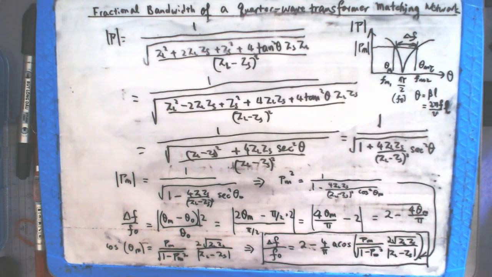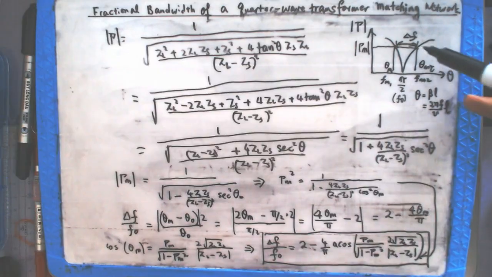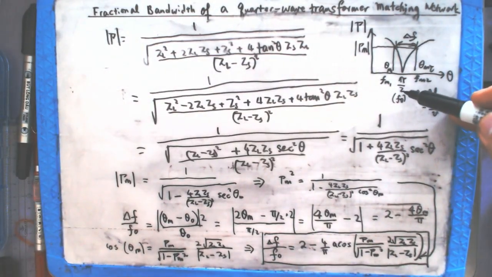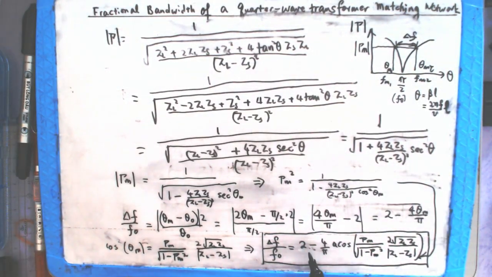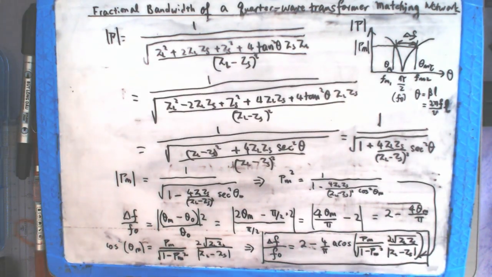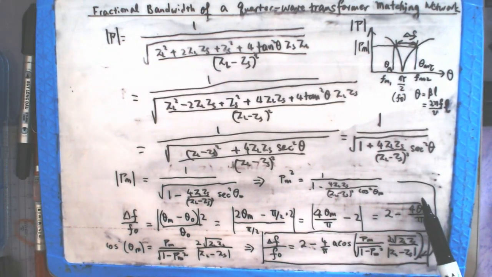So I hope this is clear enough to you. The value of delta F divided by F naught is equal to 2 minus 4 over pi, and then a cosine, and then this chunk of expression. I presume it's pretty clear now, except that here is a little bit messy.